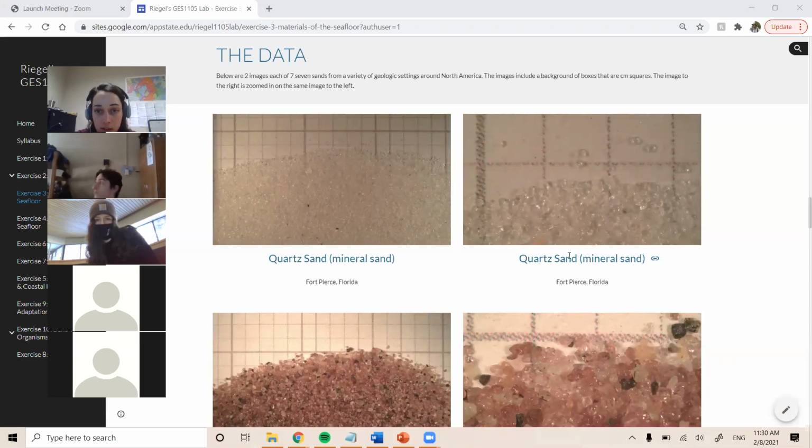So for example, this quartz sand, which is from Fort Pierce, Florida, you'll notice that it's all made of the same material, right? And that these grains are relatively well-rounded. They're a little bit angular, but they're pretty well-rounded, right? So rounded and well-sorted, what does that mean as far as how far they've traveled?